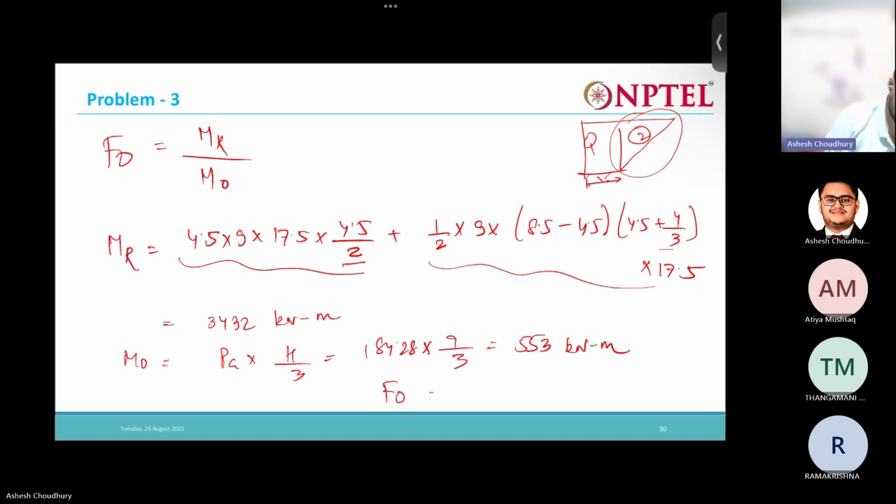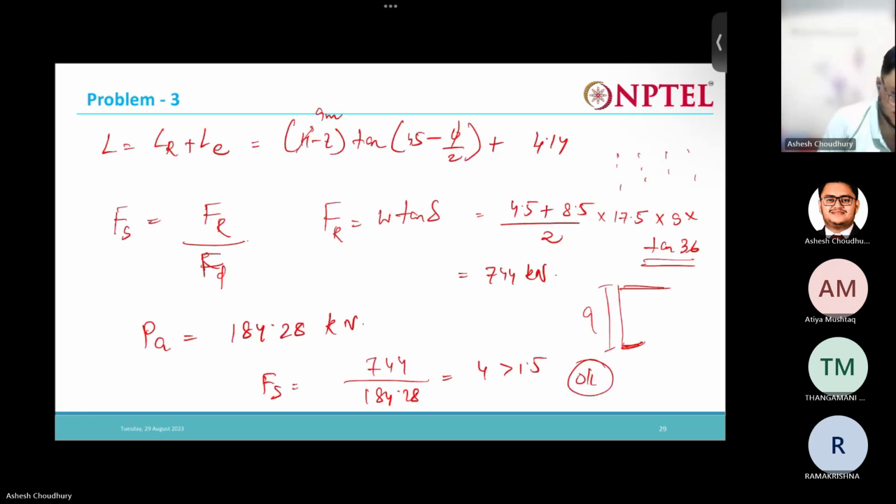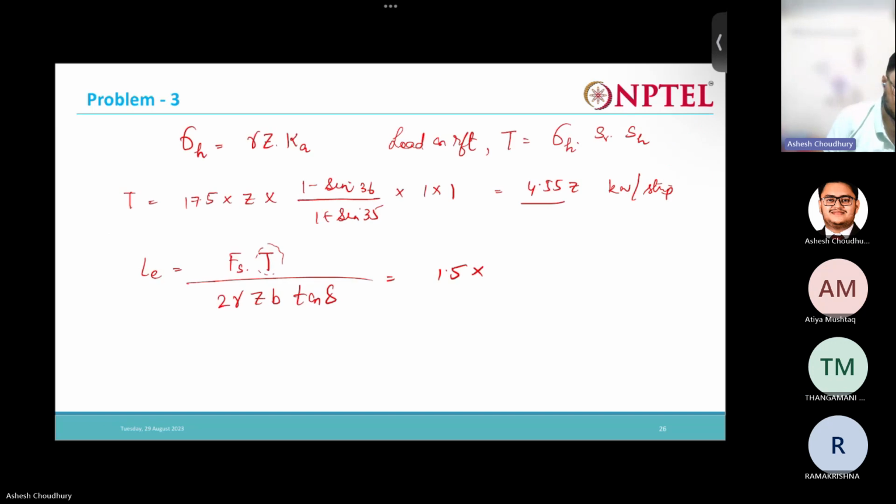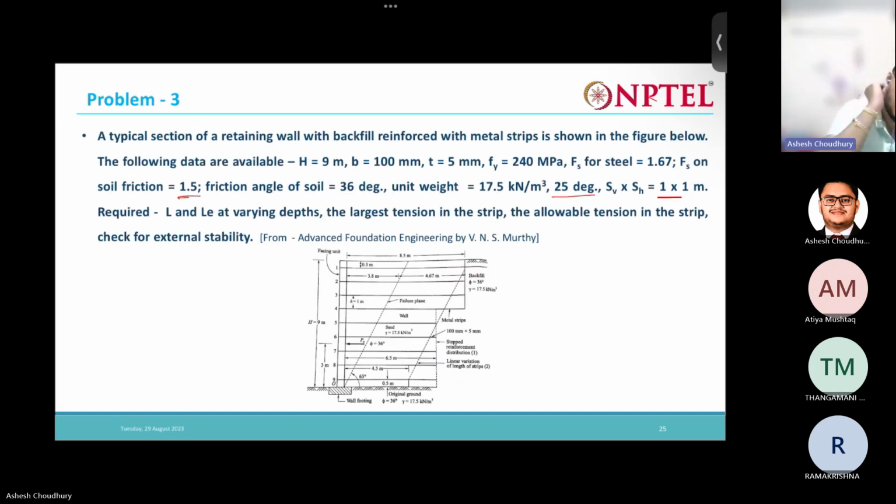Factor of safety in overturning. Okay. All right. So sliding factor of safety we checked. Overturning factor of safety is checked.